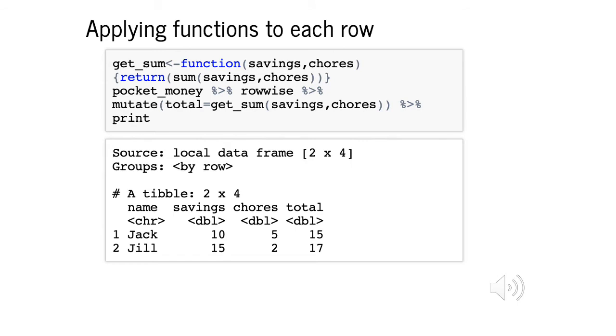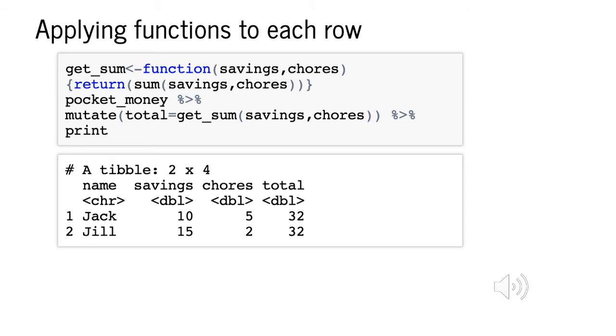The calculation creates a new column, total, using the mutate verb, and total is simply the application of the function getSum. So we see when we print out the data frame, we've created a new column total, which is the sum of the savings they already had and the money they recently got from their chores.